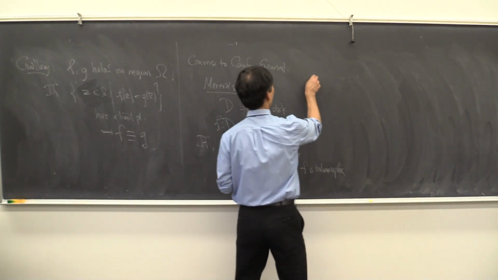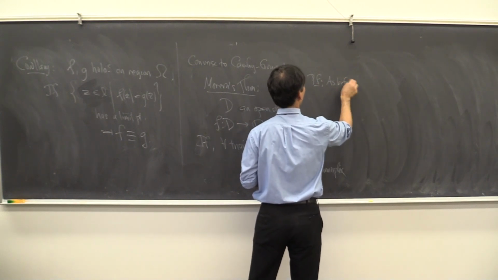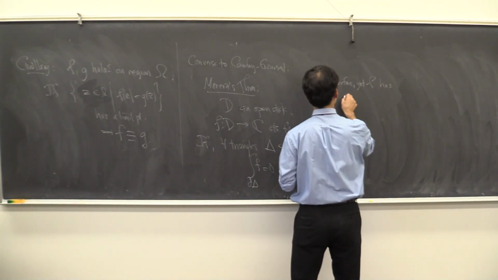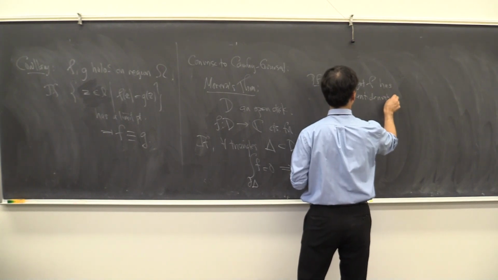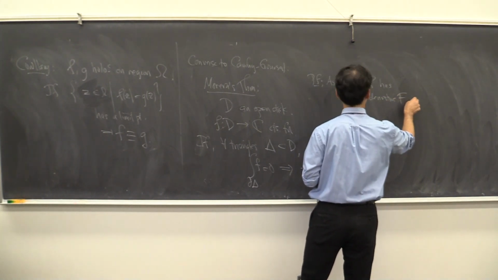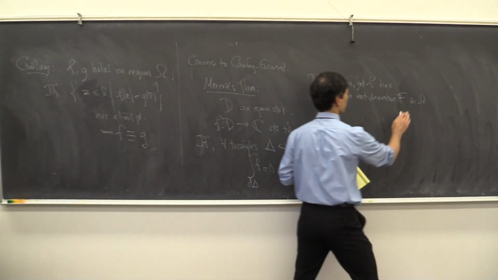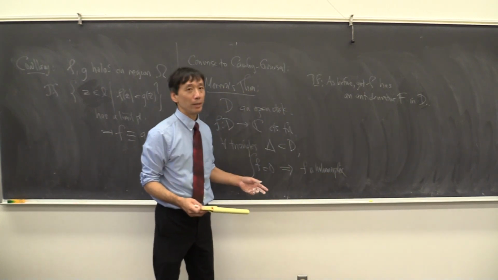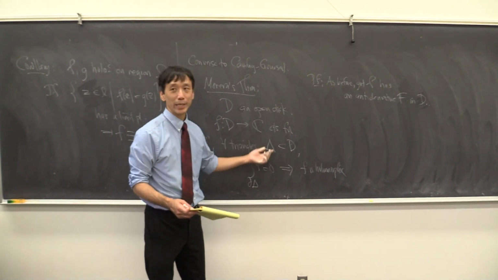The proof, as before, we get that little f has an antiderivative, big F, in D. But then it's once differentiable because it's an antiderivative.